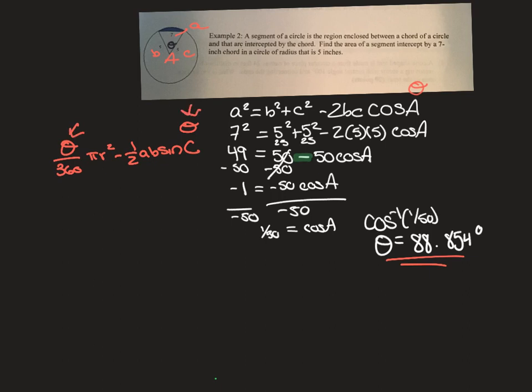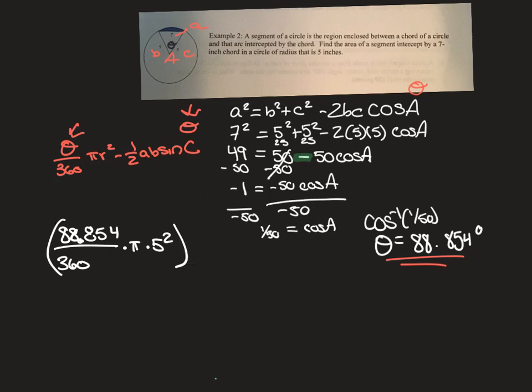So here we go. I'm going to do 88.854 over 360 times pi times my radius, 5 squared.